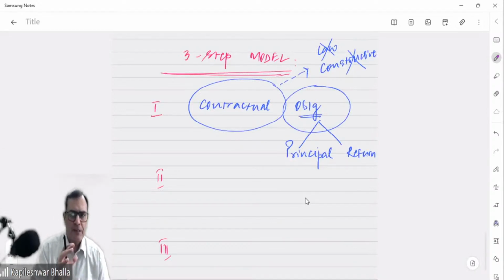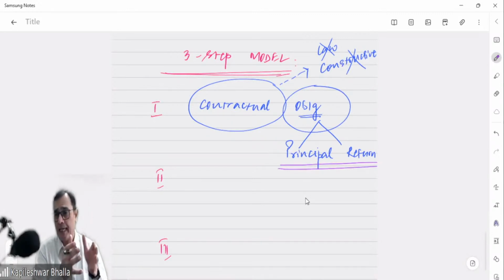Because even if you're given a single mode of payment, but one of the modes is mandatory and one is discretionary, you need to run it twice. So depending upon the need, you might have to run this three-step model twice, even if the mode of payment is just cash, because one of the components might be mandatory, one of the components might be discretionary.